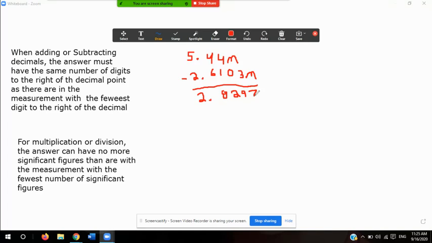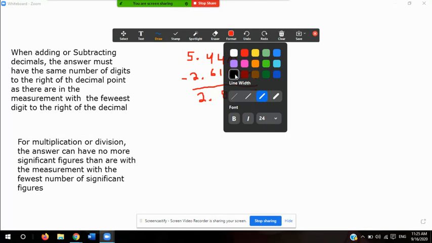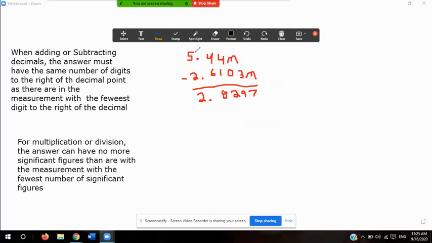Now, if we look at the rules of significant figures, it says that we're supposed to have the same amount of significant figures as the measurement with the least amount of significant figures. So if I look at 5.44, I have 1, 2, 3 significant figures. And if I look at 2.6103, I have 1, 2, 3, 4, 5 significant figures. The 3 and the 5 don't have to do with the problem.